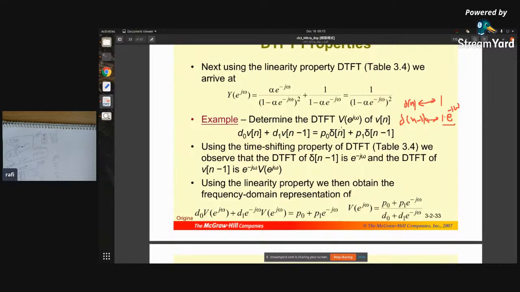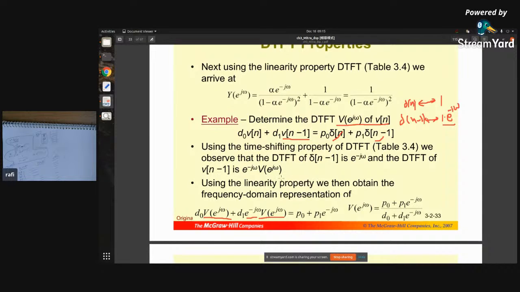So you can substitute by using the linearity property. You can substitute 1 here, and e^{-jω} in the frequency domain. He has already given that V(e^{jω}) is the DTFT of v[n], so substitute V(e^{jω}) here. Here also you need to use the time delay property, so it becomes V(ω) times e^{-jω}.